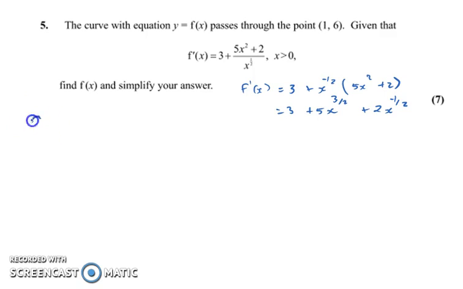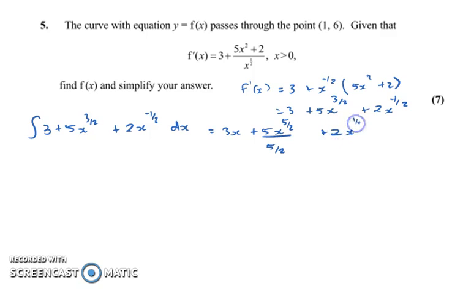We're now going to integrate this. 3 add 5x to the 3 over 2, add 2x to the minus a half with respect to x, and we get 3x, add 5x to the 5 over 2 divided by that power, 5 over 2, add 2x to the positive a half divided by a half, plus c.